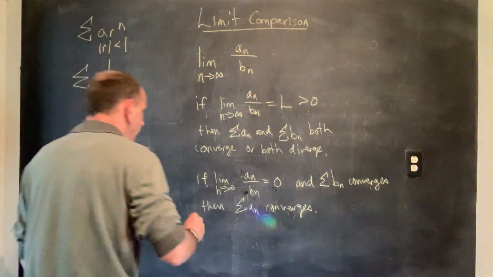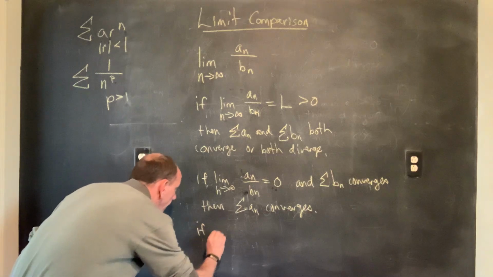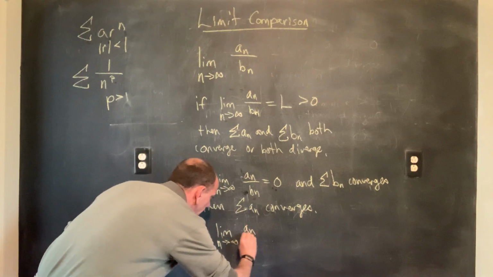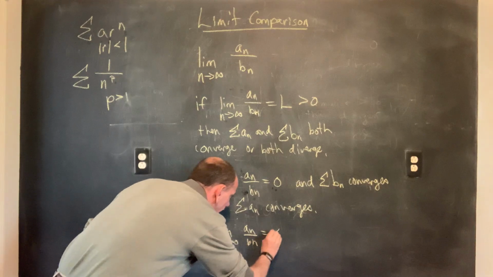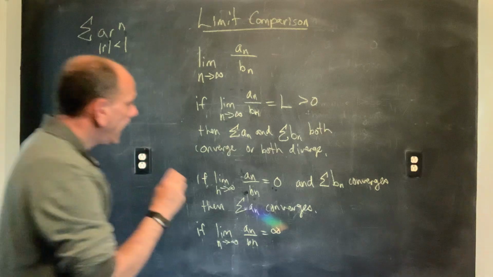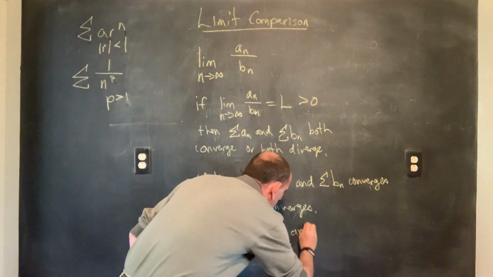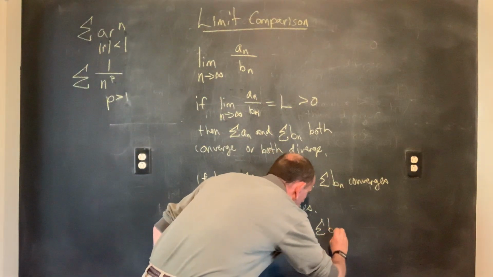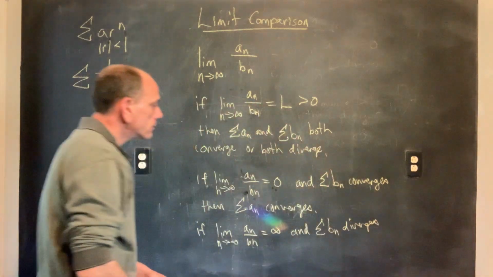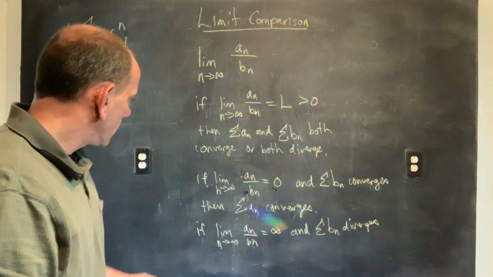On the flip side of that, if your limit as n goes to infinity of A sub n over B sub n is infinity, okay, so it's blowing up, and your B sub n diverges, well, let's think about it.